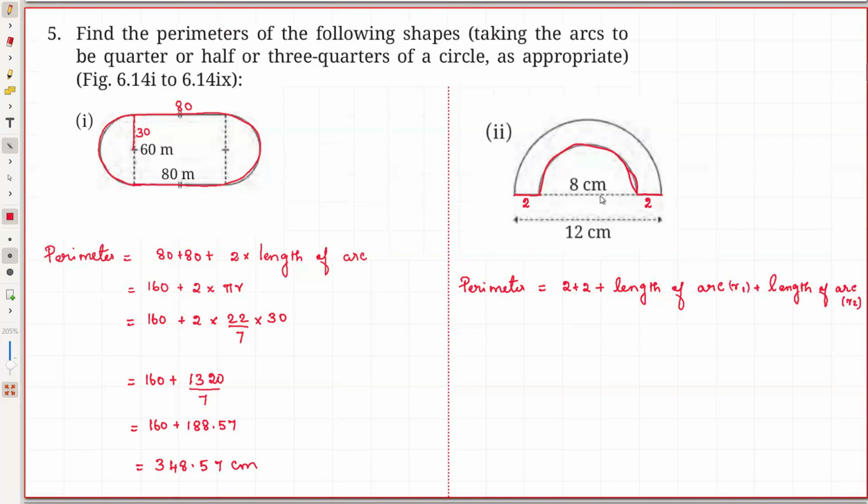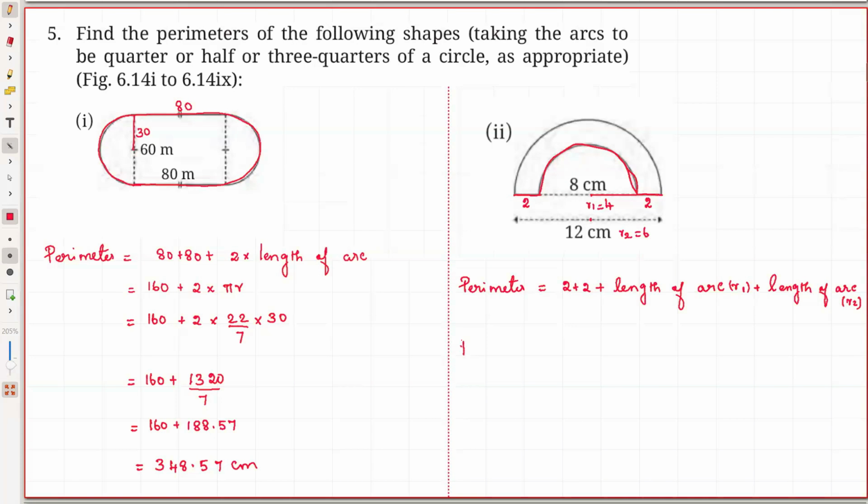First one, length of an arc with a radius. The diameter is given as 8, so R is half of 8, which is 4 centimeter. I can take it as R1. Next one, the diameter is given as 12, so the radius is half of 12, which is 6. So R2 is 6 and R1 is 4. Just substitute.